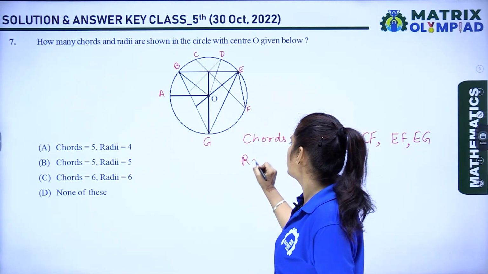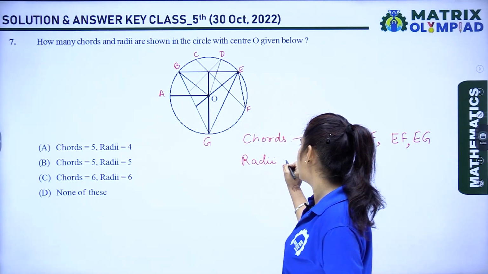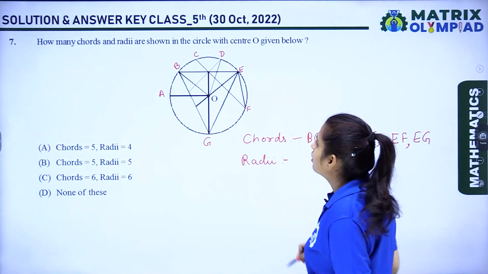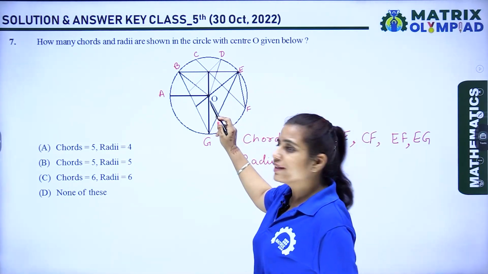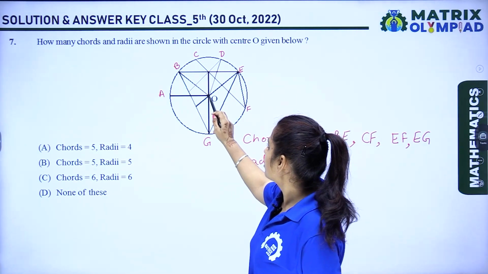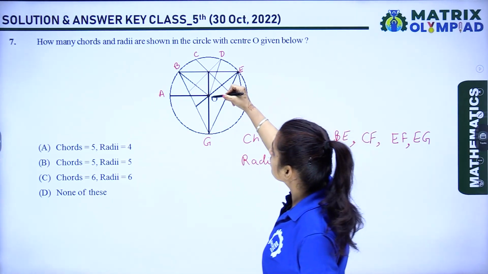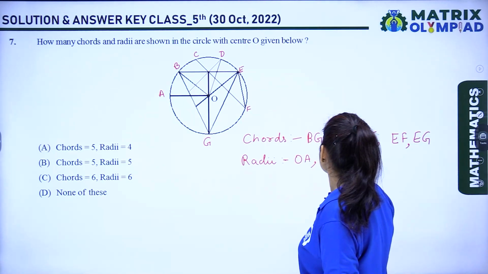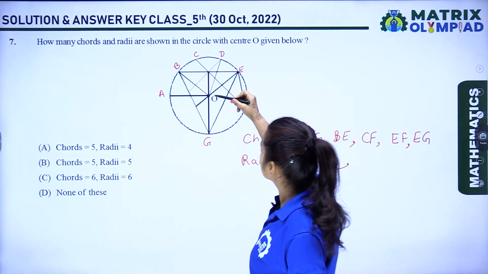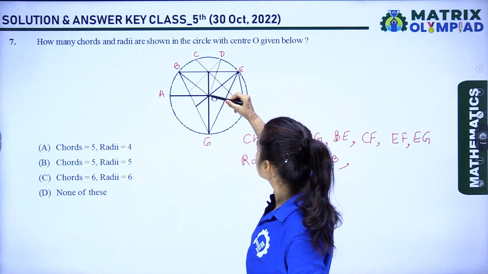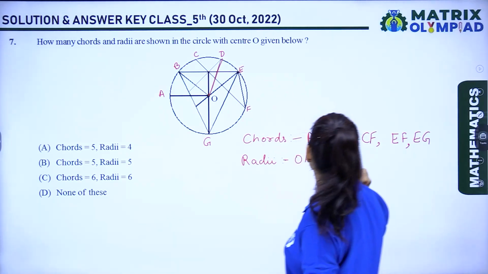Now let's find out how many radii we have. Now we have to check the center first. OA. Next is OB. Next one is this one, that is OD.